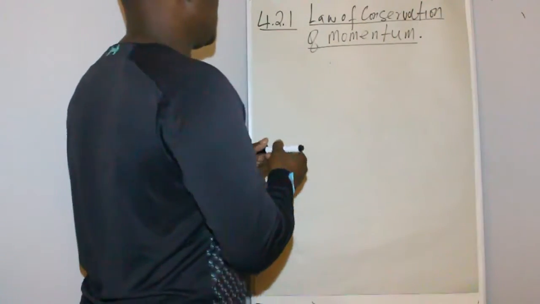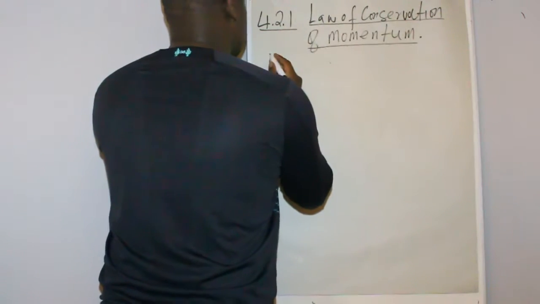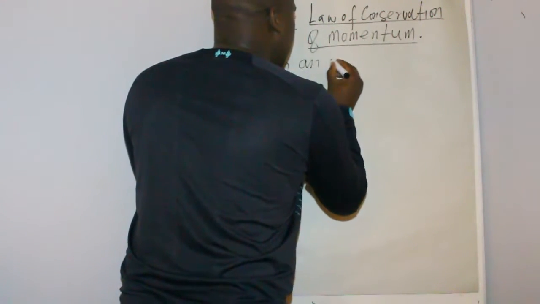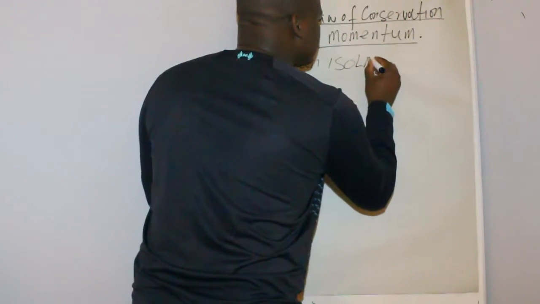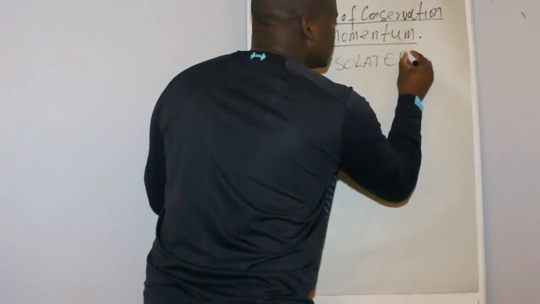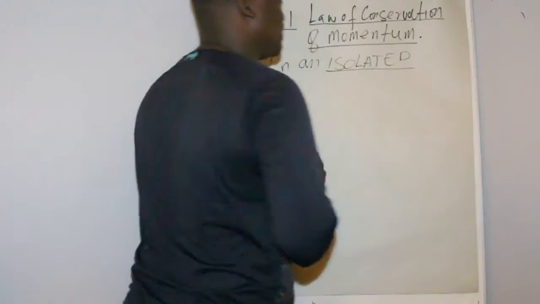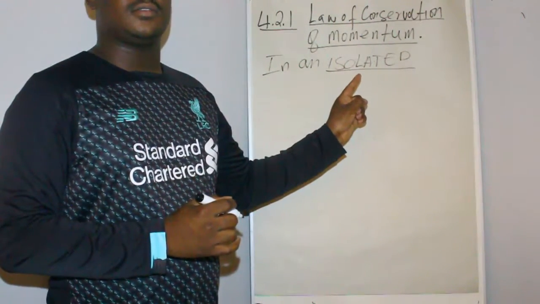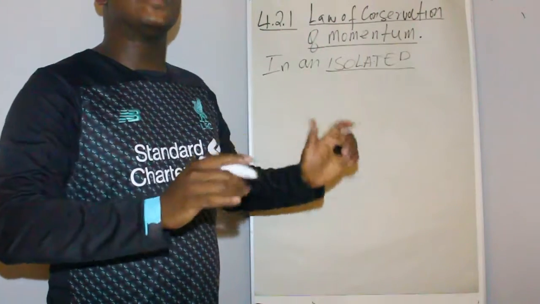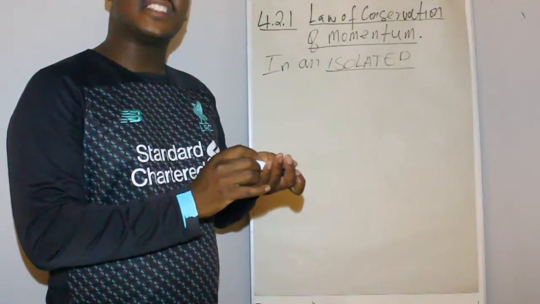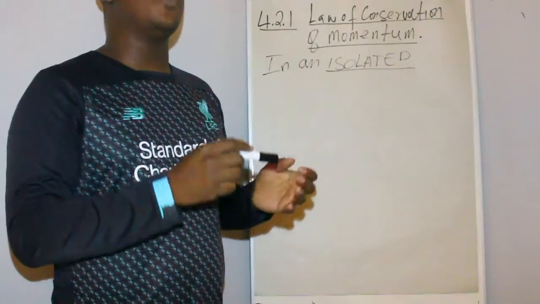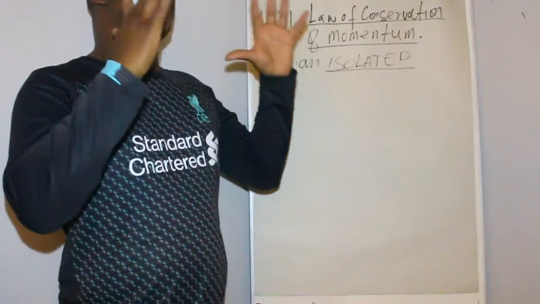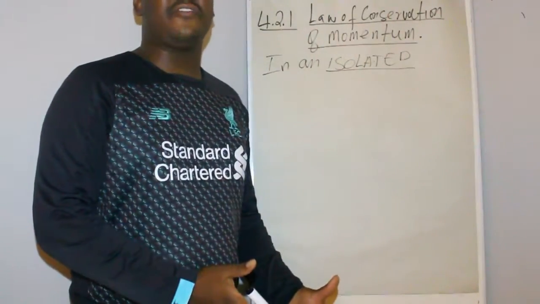We have an isolated system where there are no external forces that are disturbing the motion of these balls. So let's write this down. What this law says is that in an isolated system, very important, isolated. By isolated, we say we don't have external forces. There are no external forces on this system of ours. They said that they ignore the rotational friction and friction with the surface.